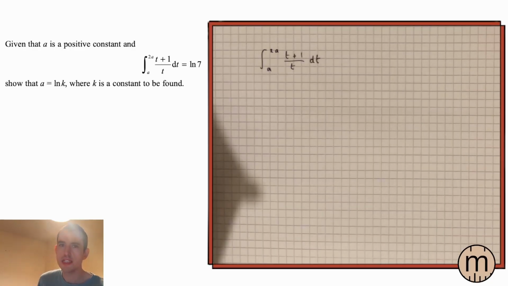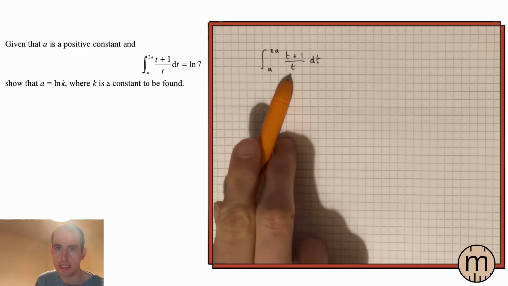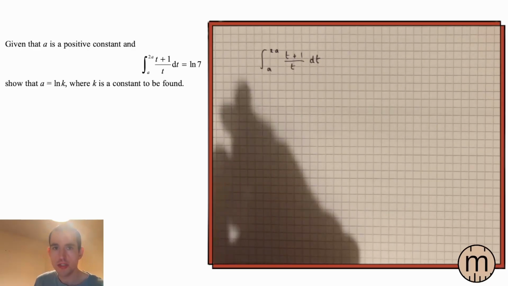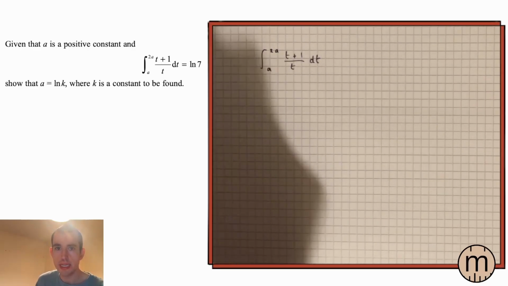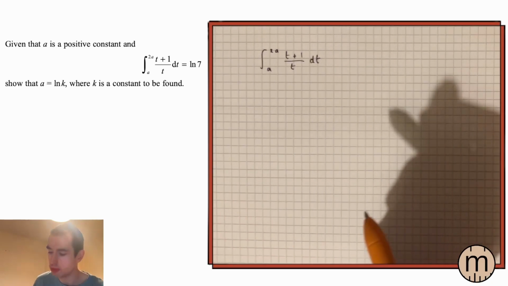When you're looking at this integral, you can't just integrate it as it is, because there's a fraction. It's not in the right form to integrate. So the first thing we need to do is separate out that fraction into two things that are more integrable.